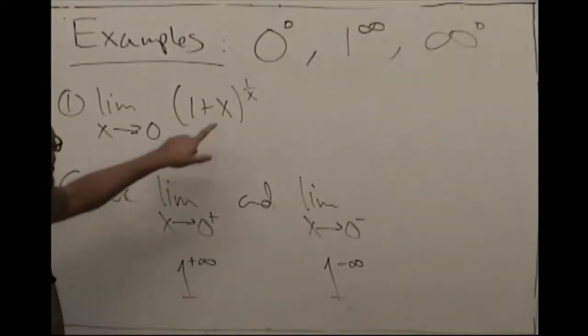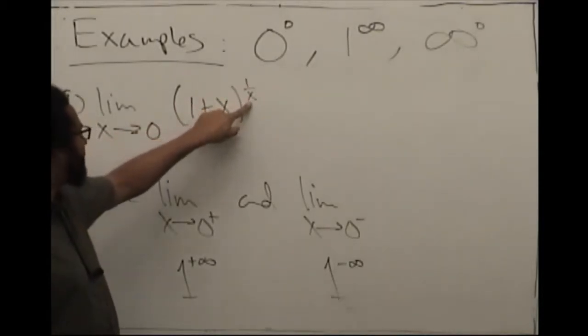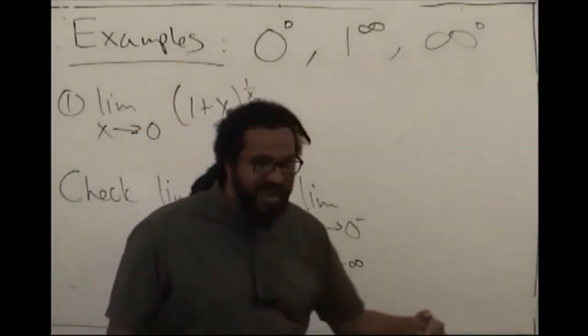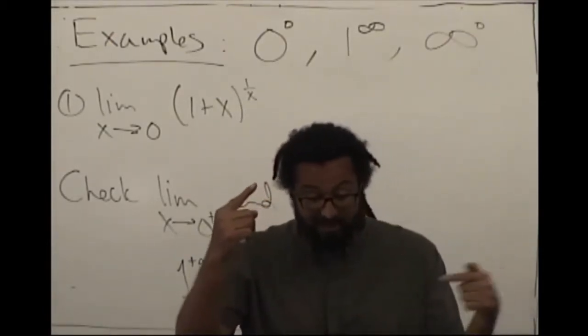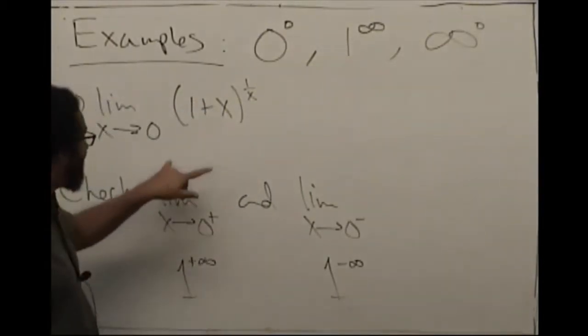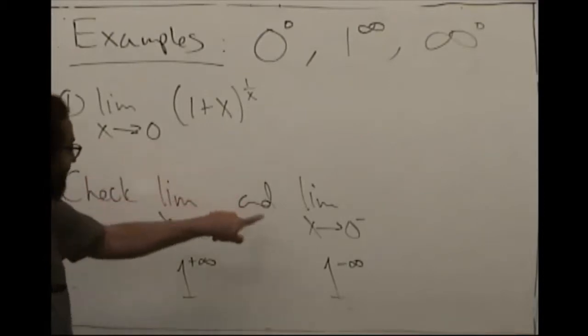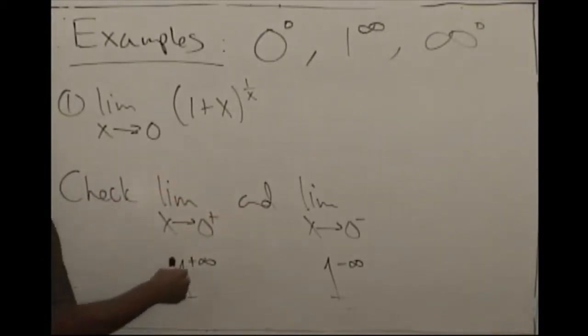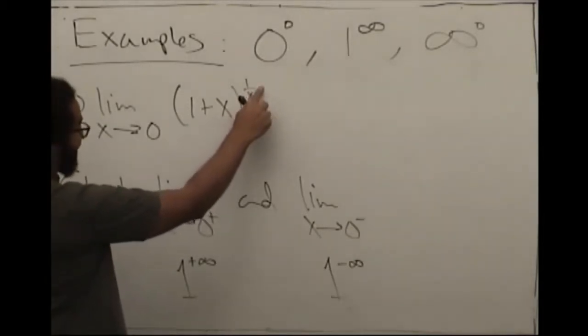And if you notice, the limit as x approaches 0 of 1 over x does not exist, right? From one side it goes to positive infinity, and from the other side it goes to negative infinity. So technically speaking, we want to check 0 from the left and from the right.